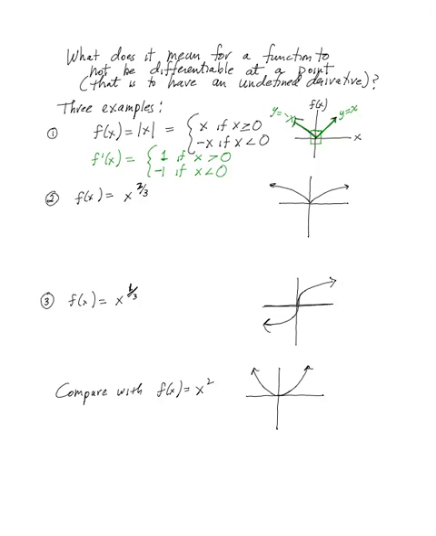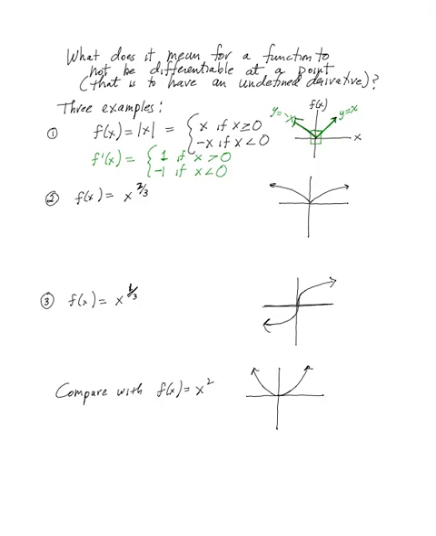The slope of a tangent line is the limit of the slopes of the secant lines, but the right-hand limit of the slopes of the secant lines is 1. The left-hand limit of the slopes of the secant lines is negative 1. So the right-hand limit doesn't equal the left-hand limit. 1 doesn't equal negative 1.